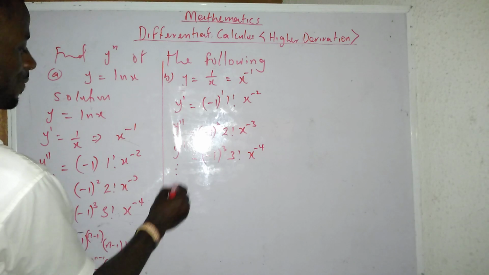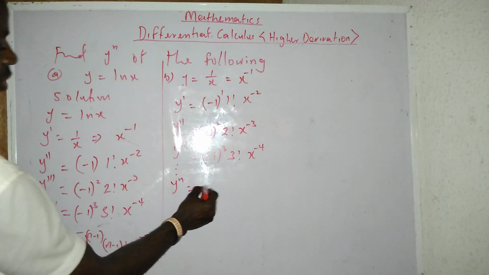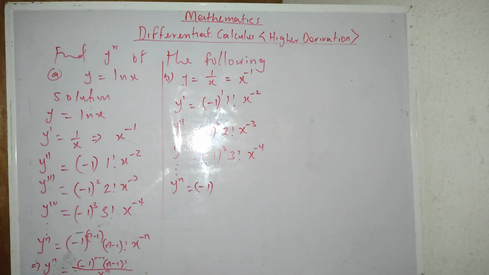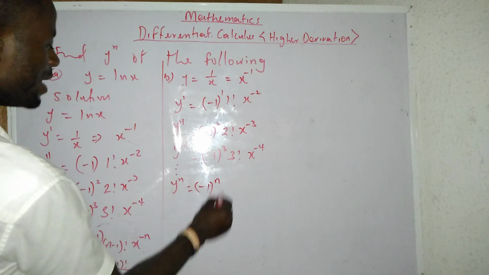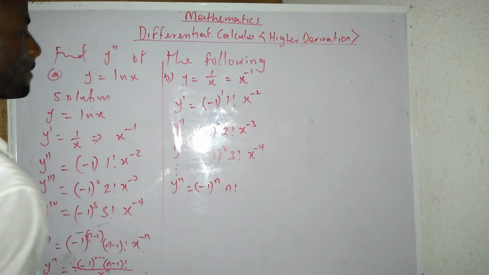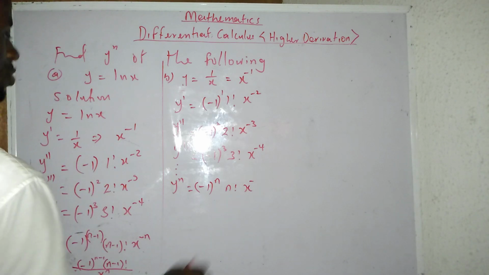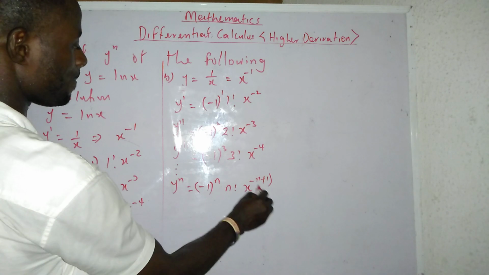Let me run to the nth term, which I will have as minus 1 raised to power n factorial, x raised to power minus n plus 1.